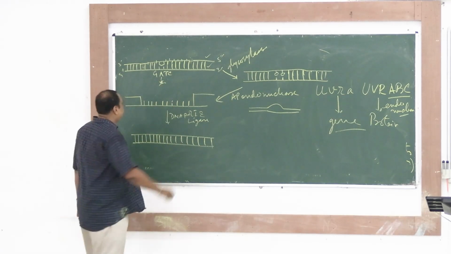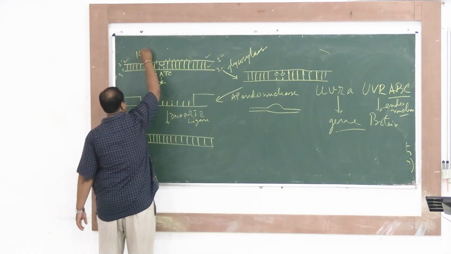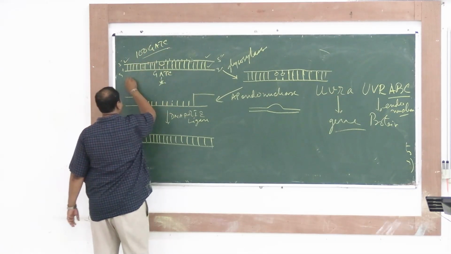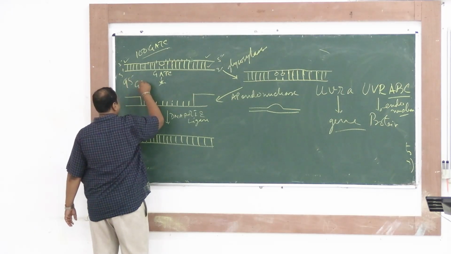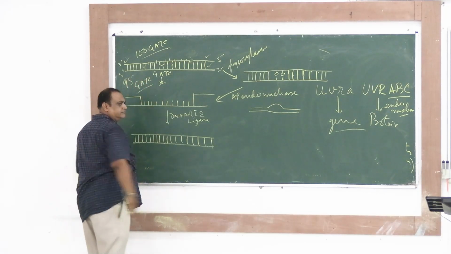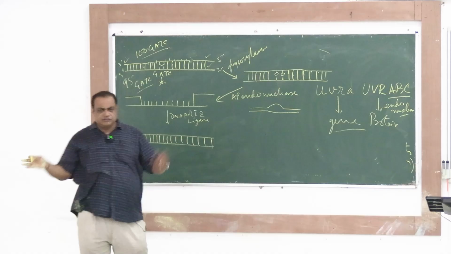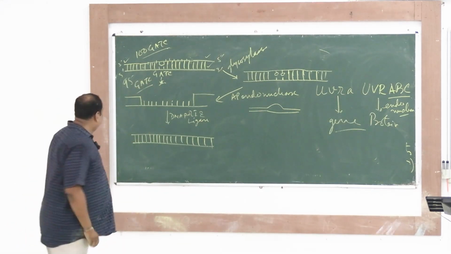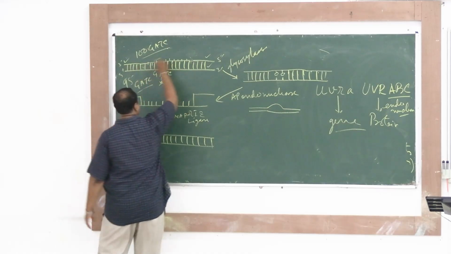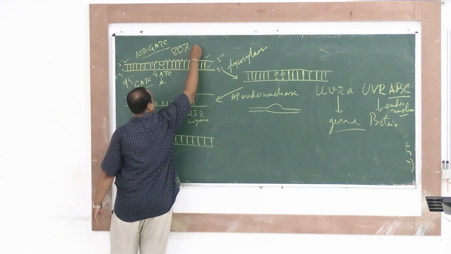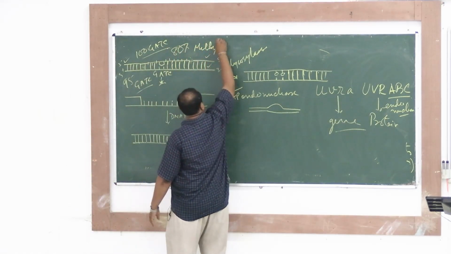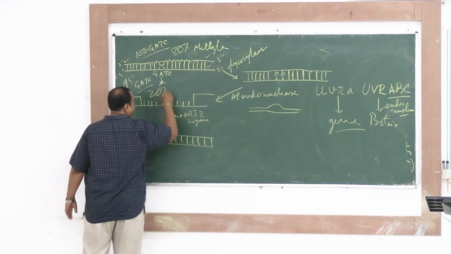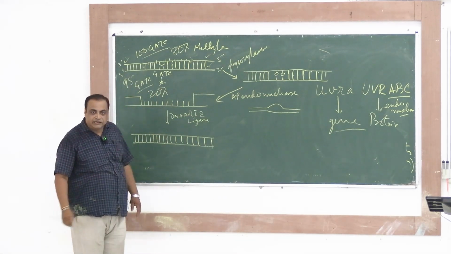Suppose they find that out of 100 GATC, 80% are methylated.